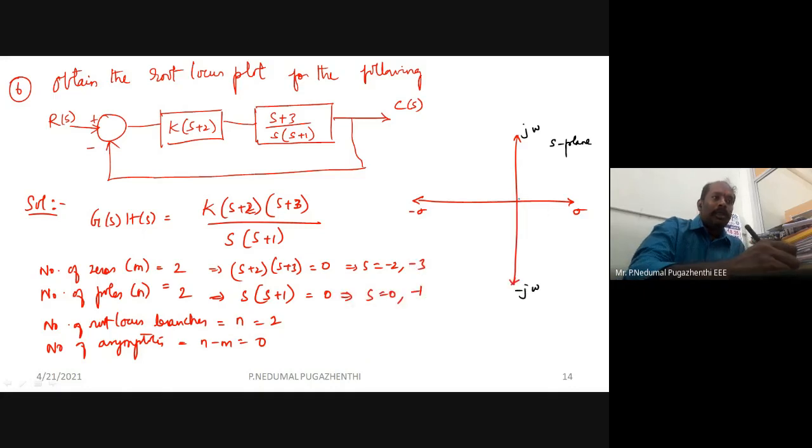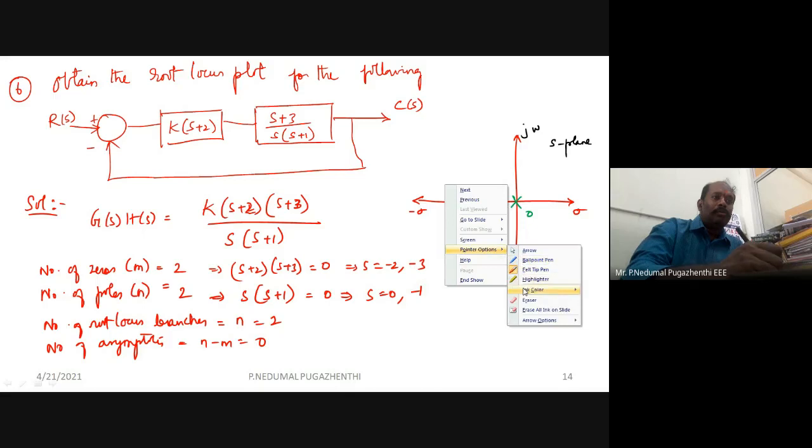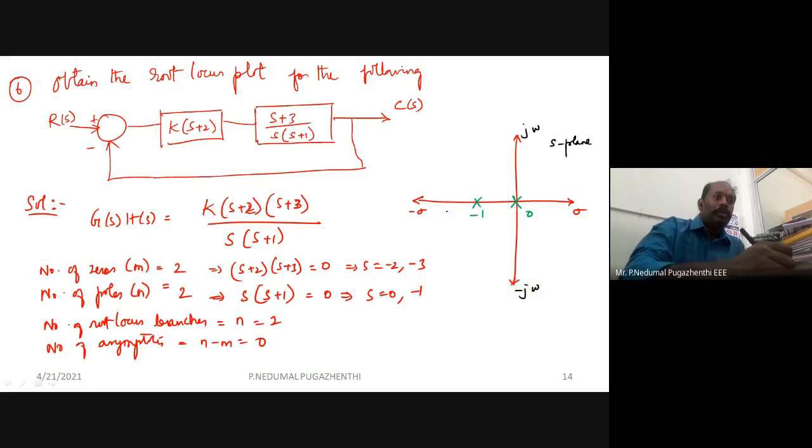Your poles are s equal to 0 and s equal to minus 1. What about your zeros? Your zeros are s equal to minus 2 and s equal to minus 3. Is that okay? Hello, people in the class? Is that okay?